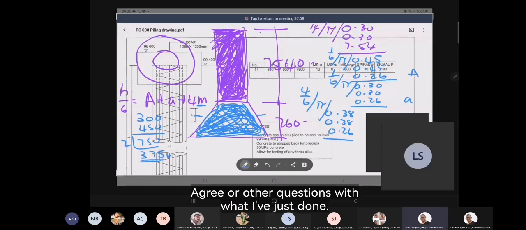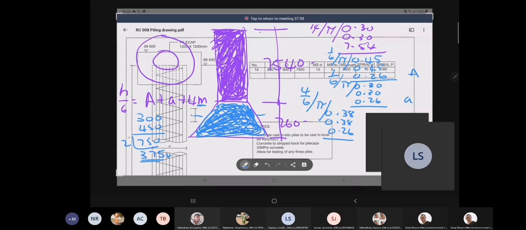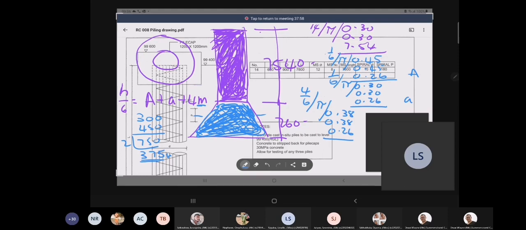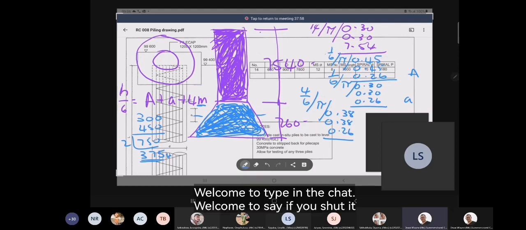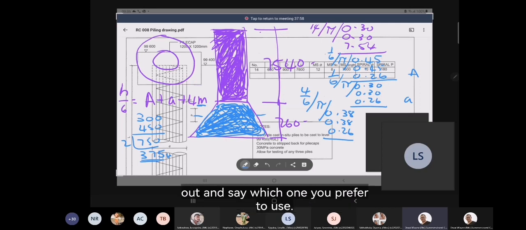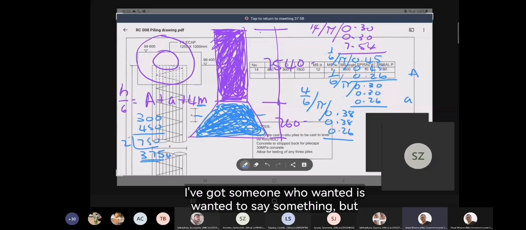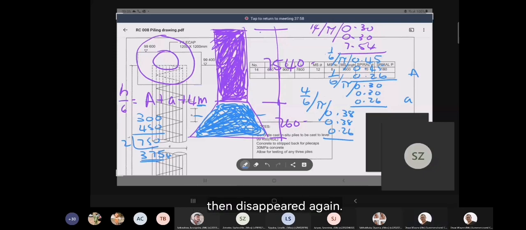Agree, or are there questions with what I've just done? Agree with me? Now, which one is easier, number 1 or number 2? You're welcome to type in the chat, or to shout it out and say which one you prefer to use. Number 1 or number 2? Someone wanted to say something, but then disappeared again.